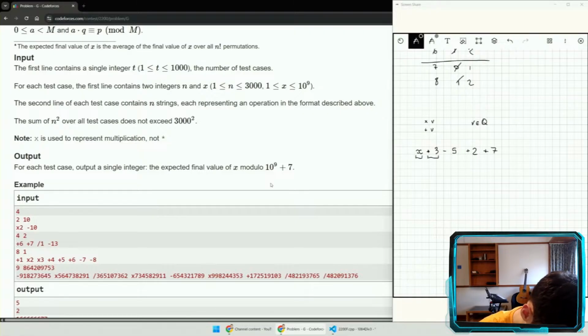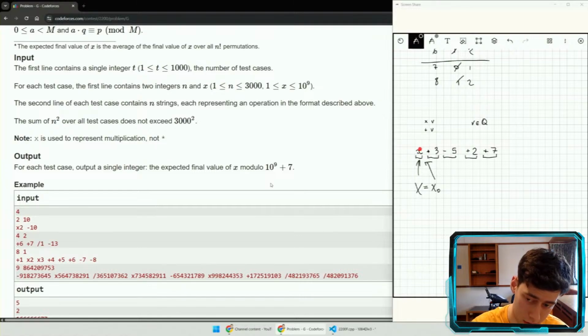Then we can split these up conceptually and say the final answer will be some random variable big X, which will be the sum of x0, the contribution of x to the final answer, which will just be the product of all the multiplicative coefficients times x.